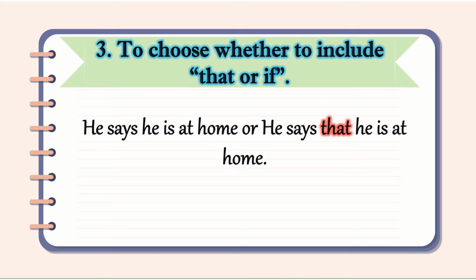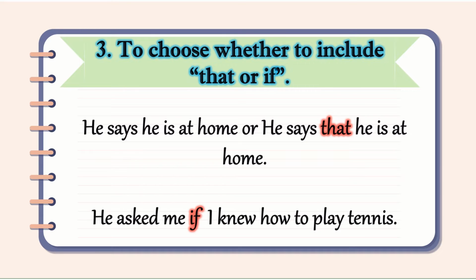So that is optional. If you want to use it, that's okay. Another conjunction, if, is required when reporting on a question. For example, he asked me if I knew how to play tennis. So in this case, you're using if, right?